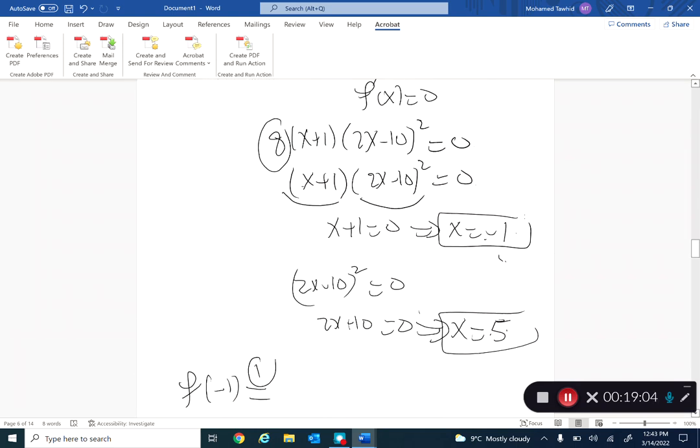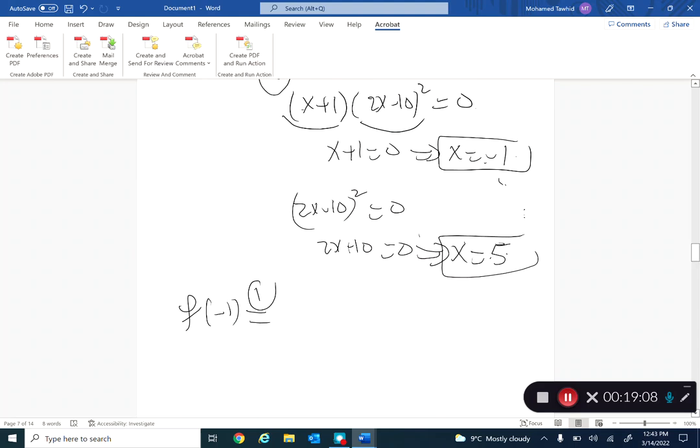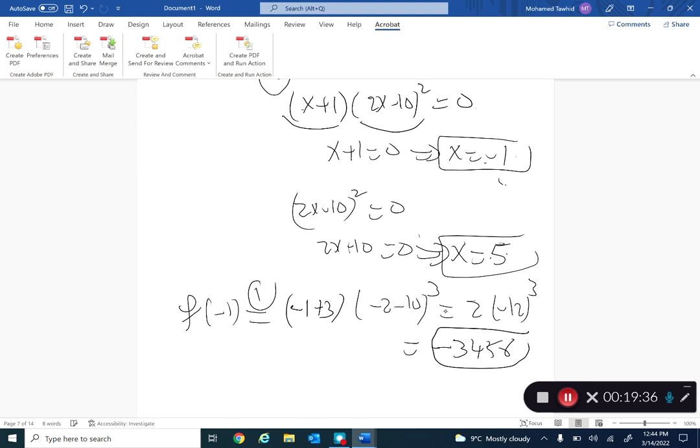So you will have negative 1 plus 3, multiplied by 2x, which is negative 2, minus 10, cubed. If I use technology for this, you get 2 and minus 12 to the power 3, which gives the number negative 3456. It's just a finite number.